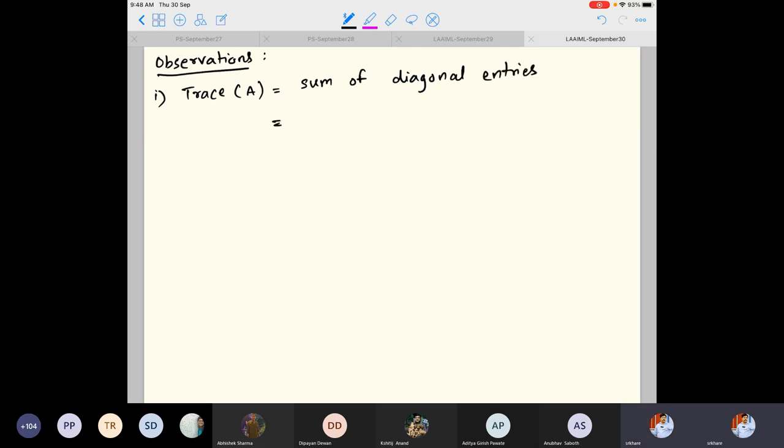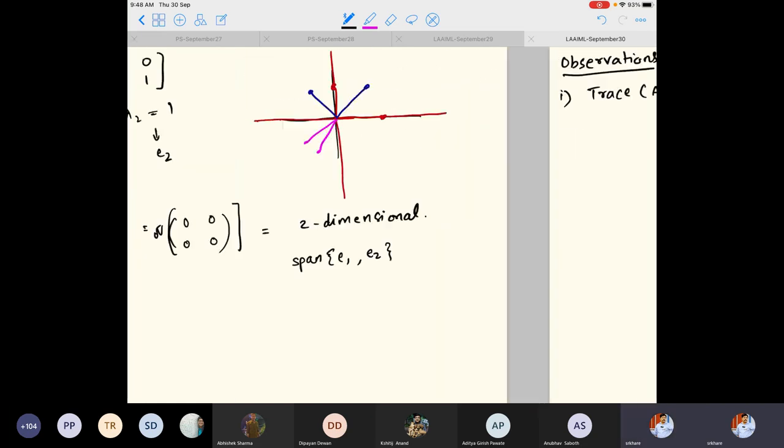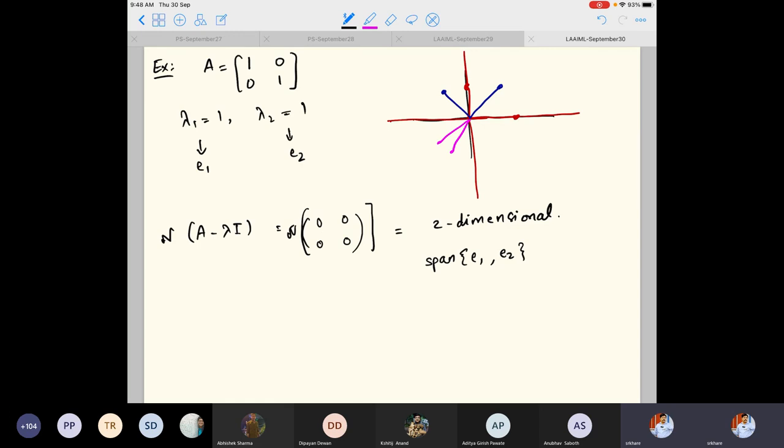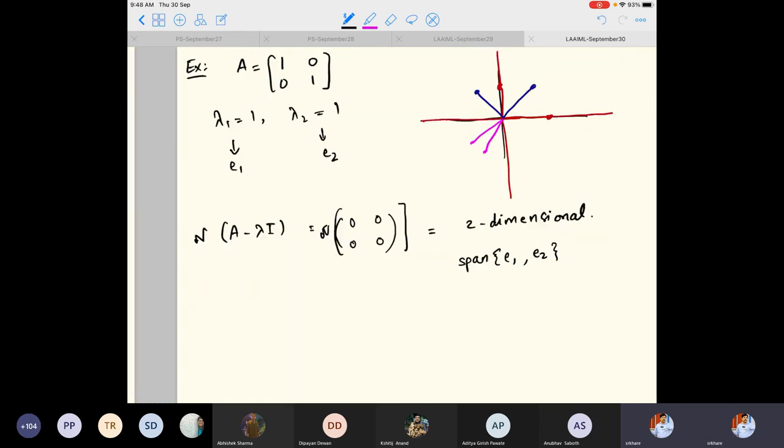Can you check that this trace is actually equal to lambda 1 plus lambda 2, which is the sum of the eigenvalues also? Can you check that? In all the examples that we had done, is that true? Go back to each and every example and see that it is indeed the case.